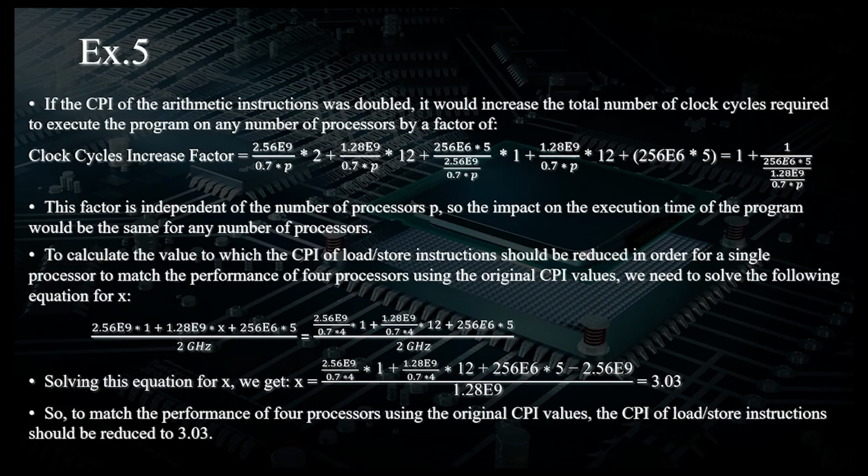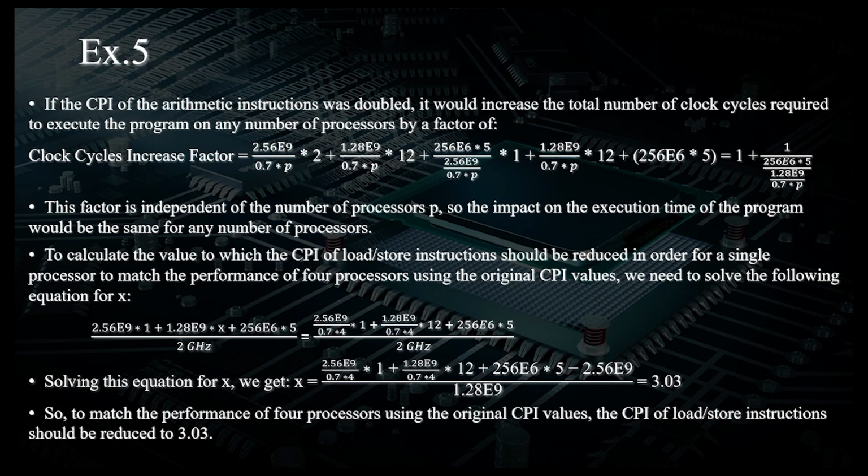Then, if the CPI of the arithmetic instruction was doubled, it would increase the total number of clock cycles required to execute the program on any number of processors by a factor of 3.